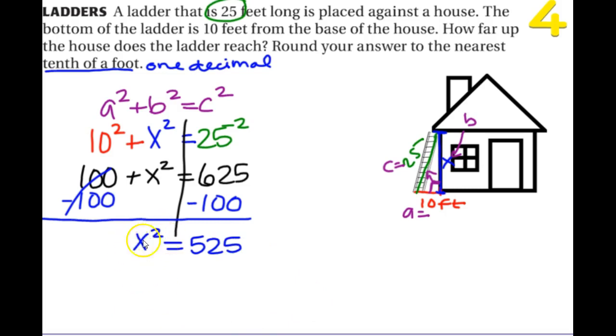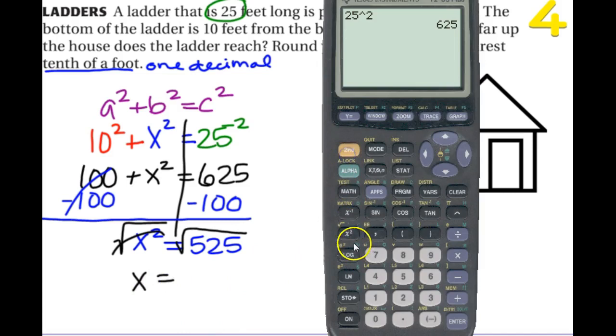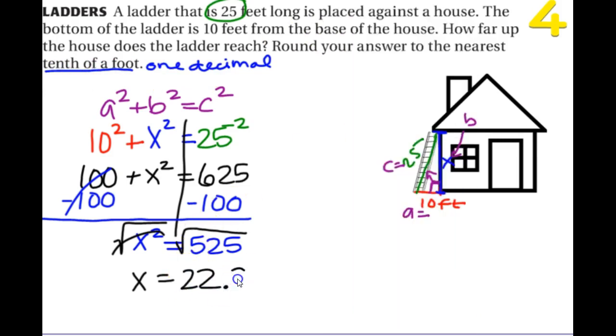And then last, to get rid of the power of 2, the square, we take the square root. Those cancel and leave us with just x. And then we have the square root of 525. It says round to the nearest tenth, so 1 decimal, so 22.9. 22 and 9/10 of a foot.